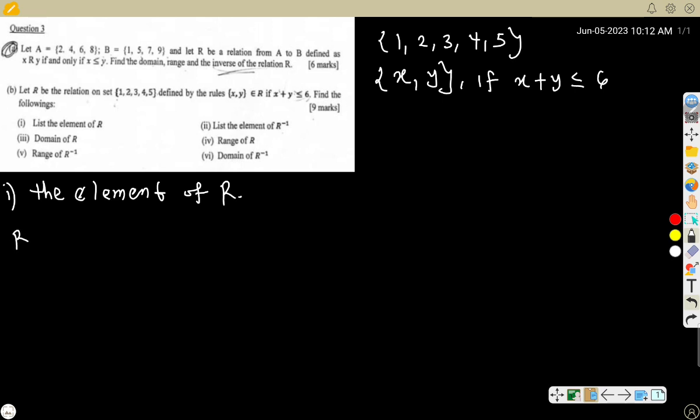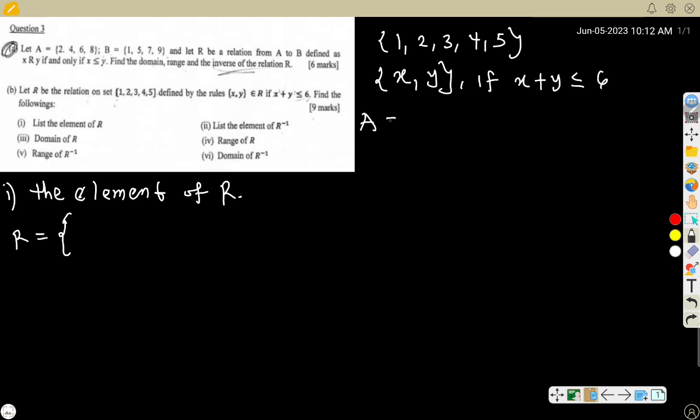So that means R is equal to... to list the elements of R, we use a technique.